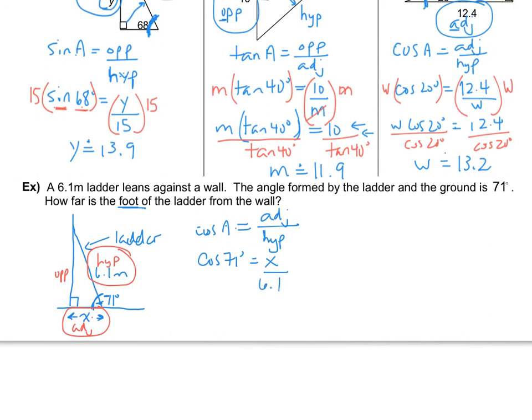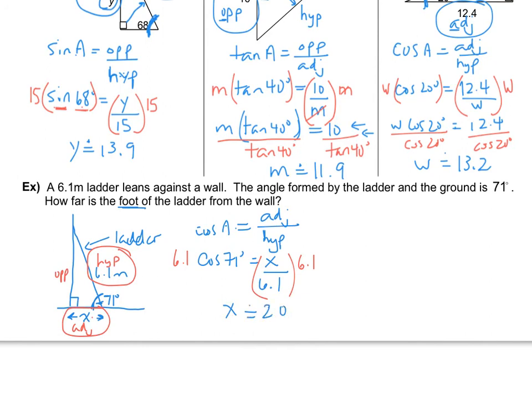I'm going to multiply the 6.1 away from the x to undo it. And then I put that in my calculator. I'm going to get the cosine of 71 degrees and multiply that by 6.1. And I get 1.98. That's going to round to 2.0 if I go to 1 decimal place. So x equals approximately 2.0.